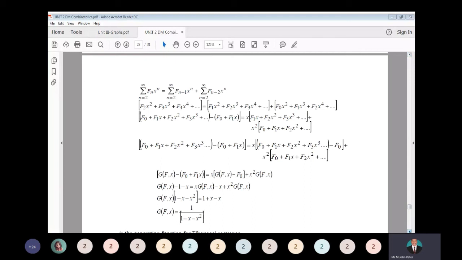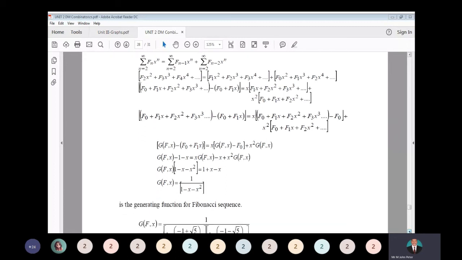The last term we are getting directly, with x square as a common factor. So the left hand side is G of F comma x minus F0 plus F1 x, and the right hand side is x into G of F of x minus F0 plus x square G of F of x. Remove the brackets and bring all the terms involving capital G of F of x together.